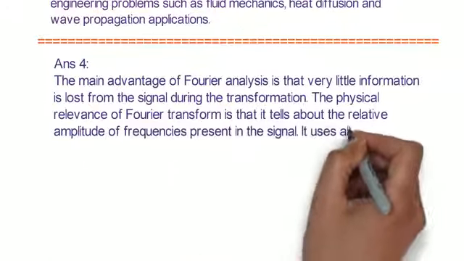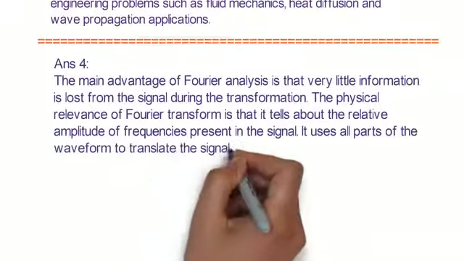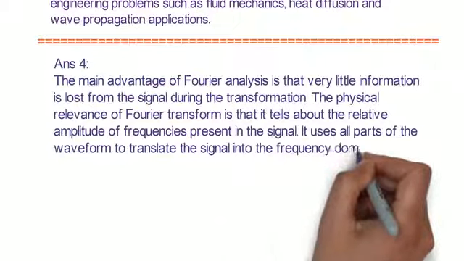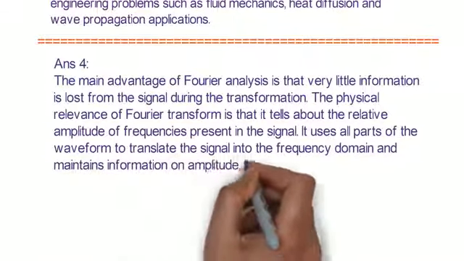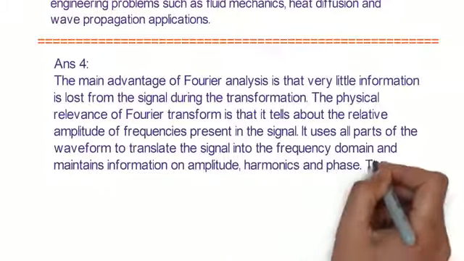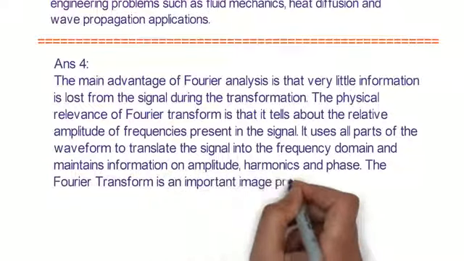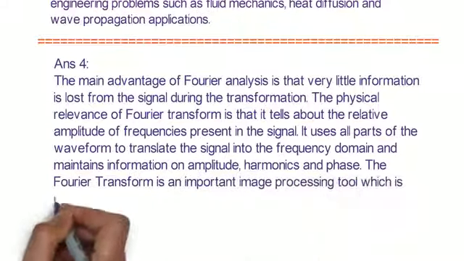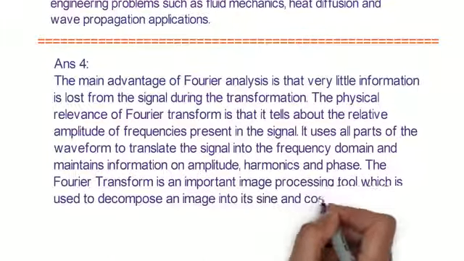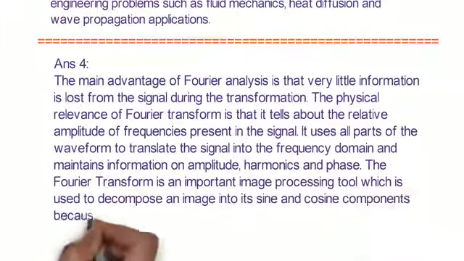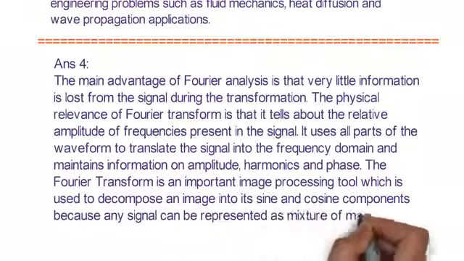It uses all parts of the waveform to translate the signal into the frequency domain and maintains information on amplitude, harmonics, and phase. The Fourier transform is an important image processing tool which is used to decompose an image into its sine and cosine components, because any signal can be represented as a mixture of many harmonics.